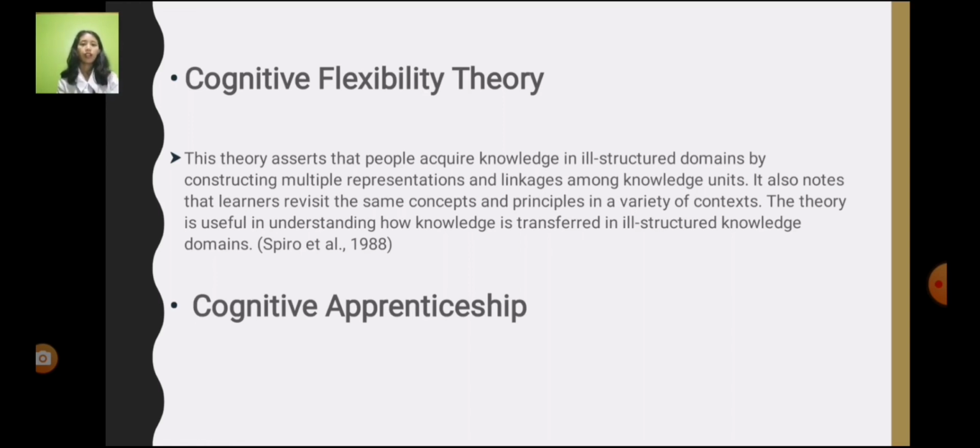Next is cognitive apprenticeship. It is an instructional process in which teachers or more experienced or knowledgeable peers provide scaffolds to support the learner's cognitive growth and development. Cognitive apprenticeship permits students to learn through interaction, construct knowledge, and share knowledge-building experiences with the other members of the learning community.